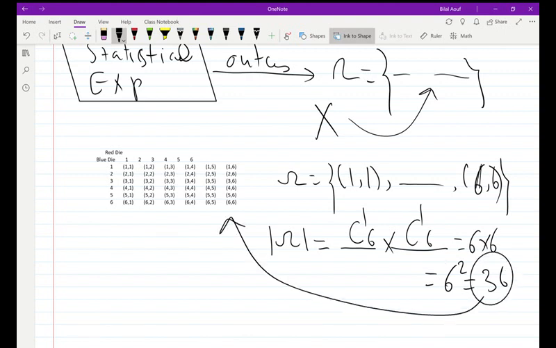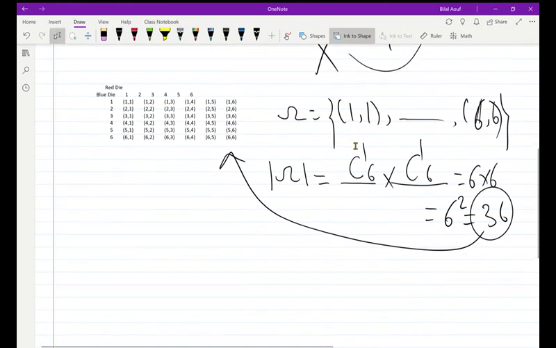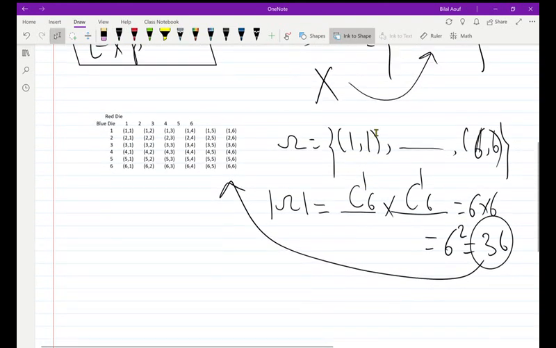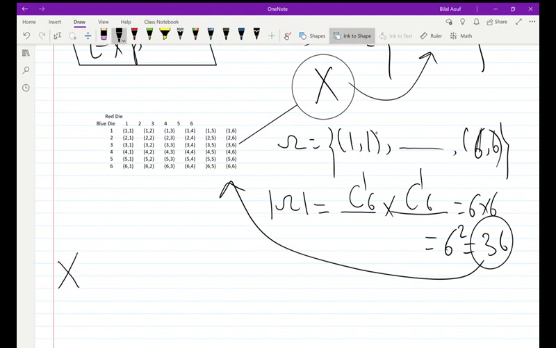Now I have to give the definition of X, the discrete random variable, based on this result. In the example, I mentioned that X has to be the sum of the two results obtained in each trial. Since I'm rolling two dice, each time I run the experiment I call it a trial.